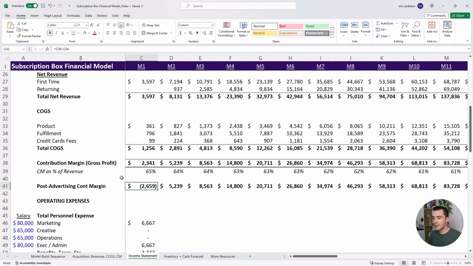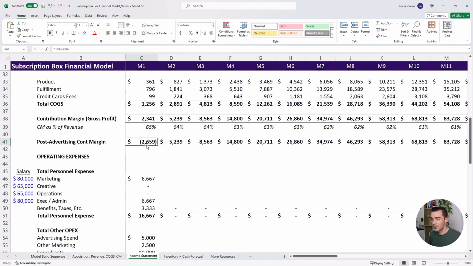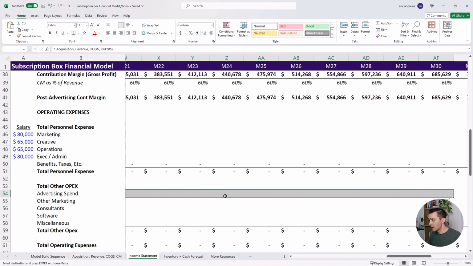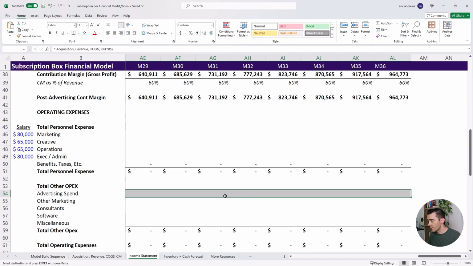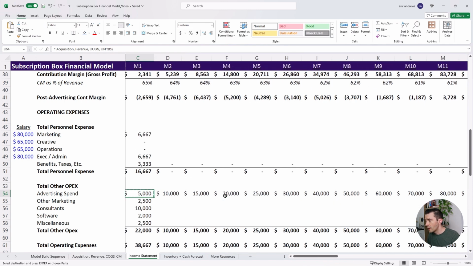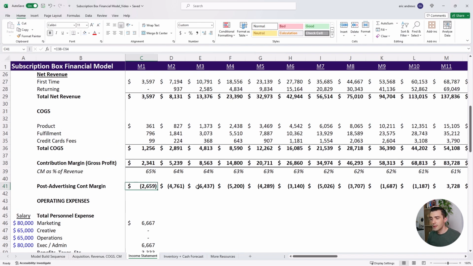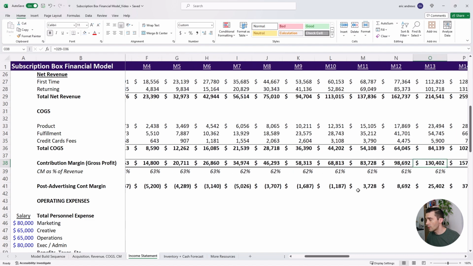I haven't linked in the advertising below, so let me just link it in here. I'm just linking it over from the first tab. So you can see here we have our advertising spend, which I linked in. You see your contribution margin is increasing over time.